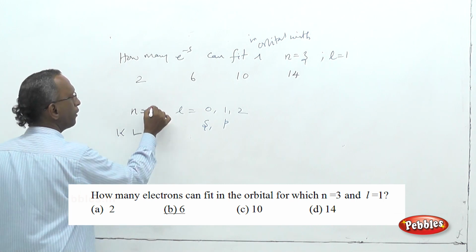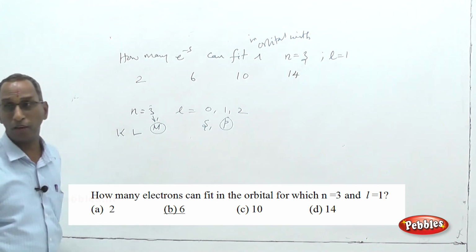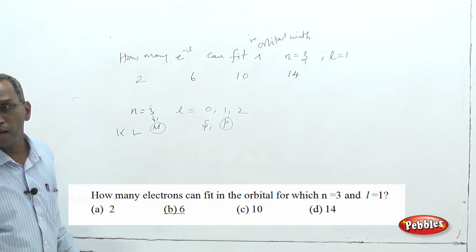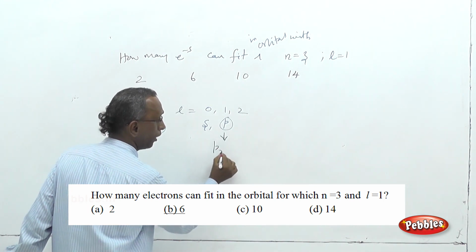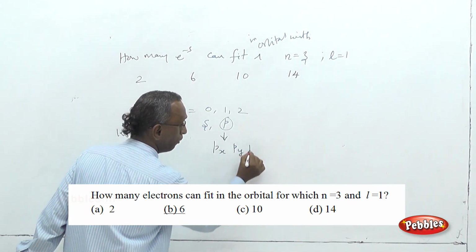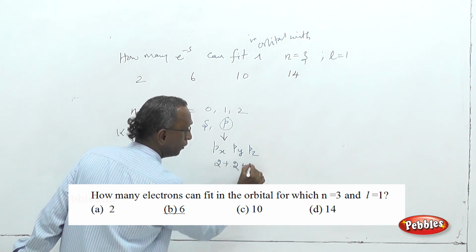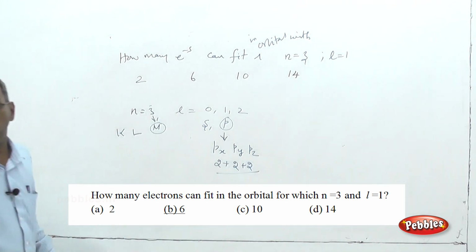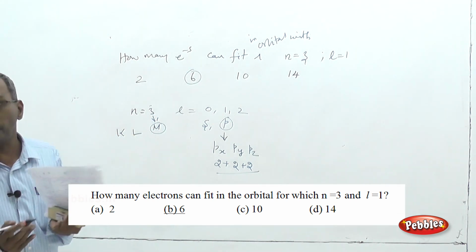So the electrons are in the M shell and p orbital. We have studied that there are 3 types of p orbital: px, py and pz. Each orbital can accommodate 2 electrons. The total number of electrons accommodated is 6, which gives the correct answer.